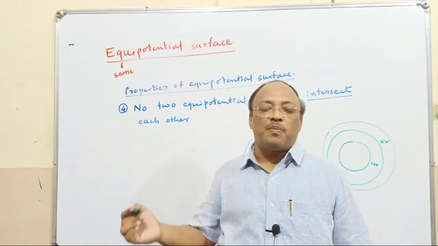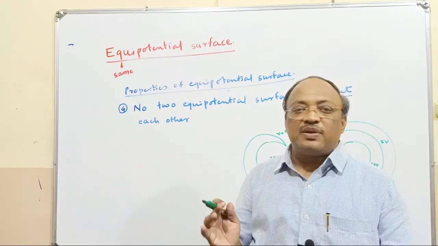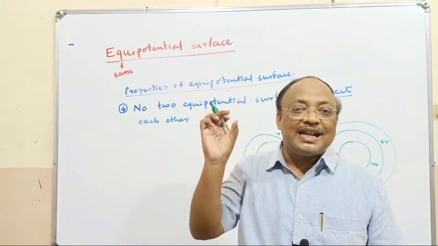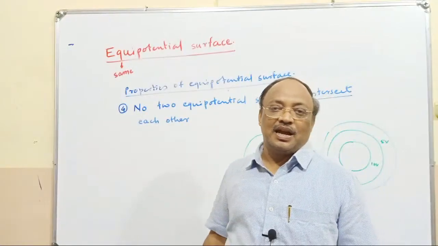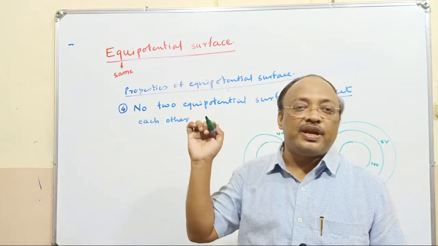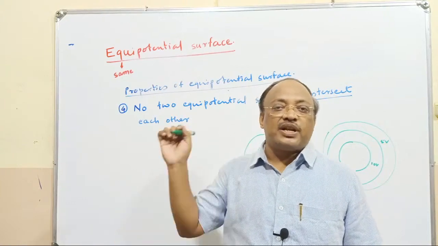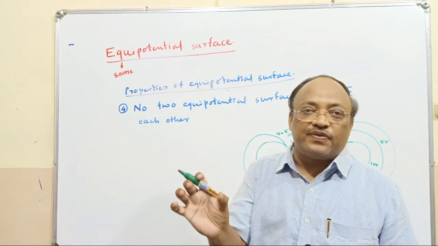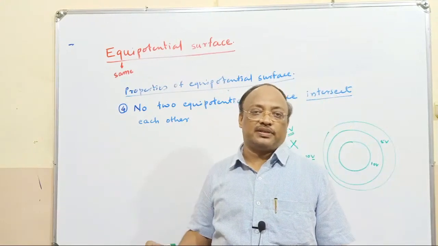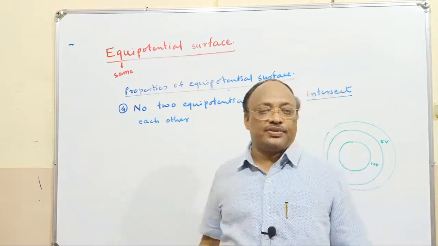The third: where the separation between equipotential surfaces is less, the electric field is more, and where it is more, the electric field is less.